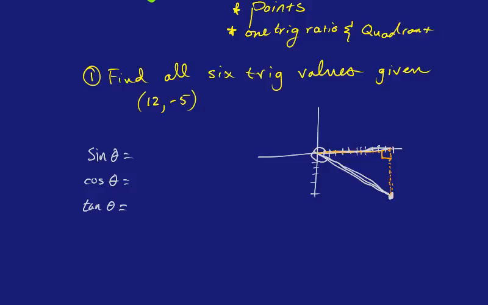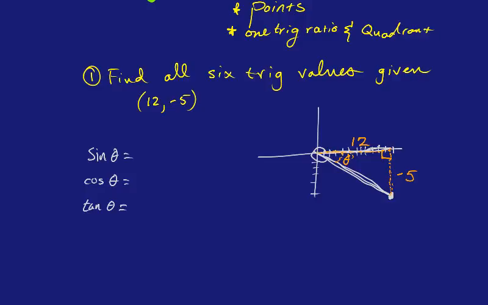The vertical part would be -5 because that's the y value, that's how far I went down, and the horizontal part of that triangle would be 12 because that's how far I went over to plot the point. The last thing you need to know is that this is the same as the reference angle, theta prime, and that's what we use a lot when we're finding the sine of 330 degrees or the sine of 2 pi over 3.